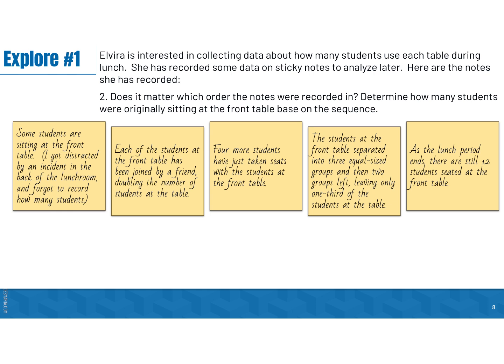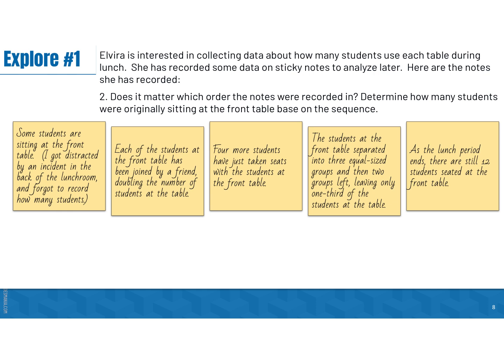So let's read these. The first one is, some students are sitting at the front table. I got distracted by the incident in the back of the lunchroom and forgot to record how many students. Number 2, each of the students at the front table has been joined by a friend, doubling the number of students at the table.